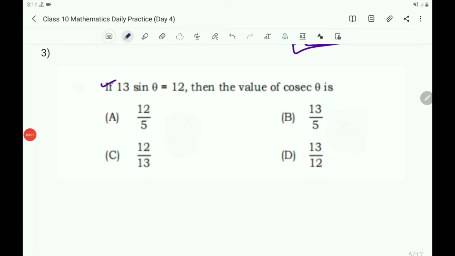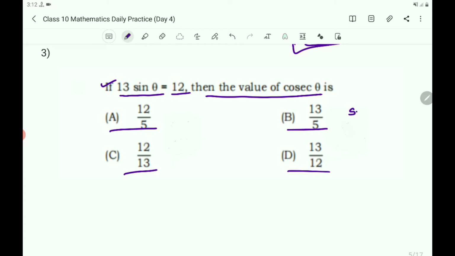Now the third question. If 13 sin theta equals 12, then the value of cosec theta. Here the options are A 12 by 5, B 13 by 5, C 12 by 13, D 13 by 12. Now you take that.